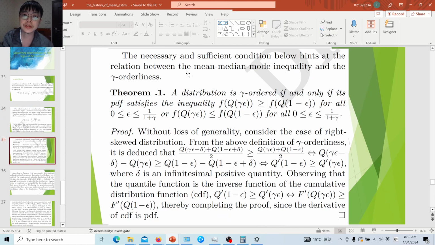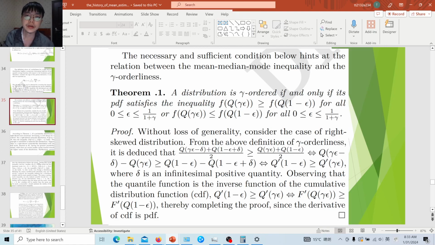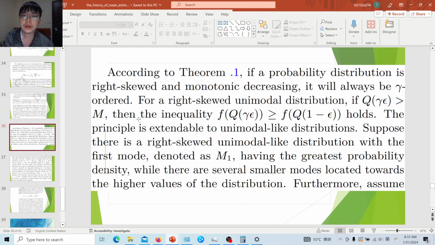This definition has very nice properties. For example, here is a necessary and sufficient condition: if we convert it into the probability density function, the density at the first quantile is always greater or equal to the density at the second quantile for a right skew distribution.